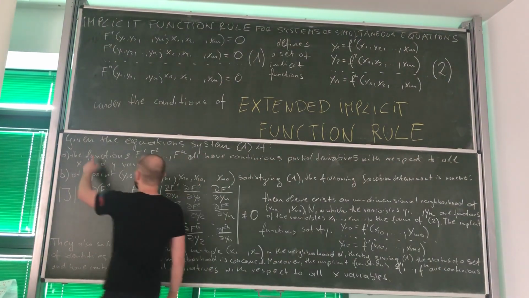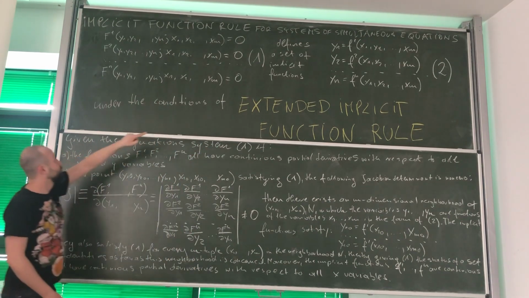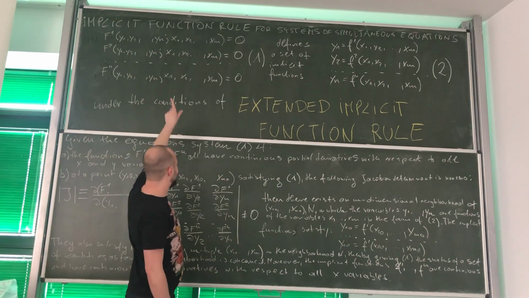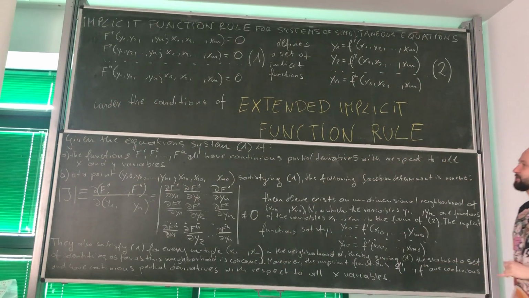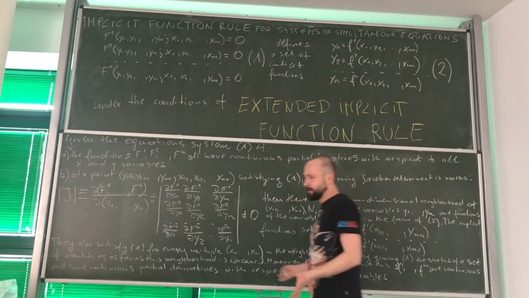So, given the equation system 1, the one that we have already discussed. Now, if the functions f1, f2 up to fn all have continuous partial derivatives with respect to all x and y variables. Well, this is something we assume.